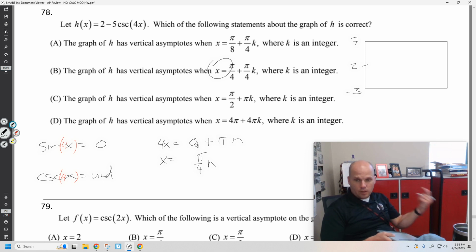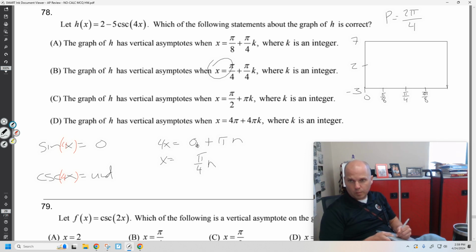Cool. If you wanted to sketch, what would you do? You'd adjust the period of sine, 2 pi over b, that's pi over 2. So step that out: pi over 8, 2 pi over 8, 3 pi over 8, 4 pi over 8. There we go. Cosecant's a reciprocal of sine. Sine will go down because we have a vertical reflection.